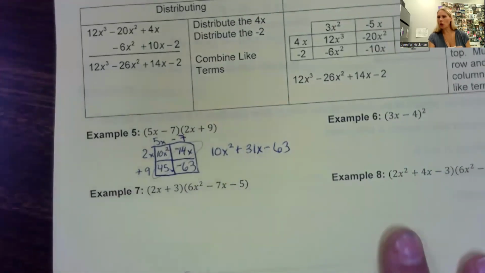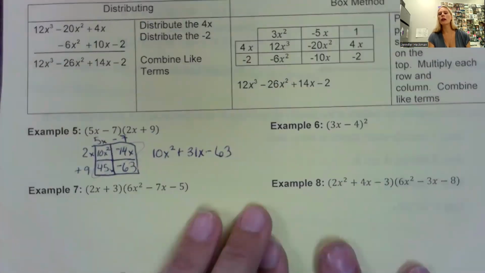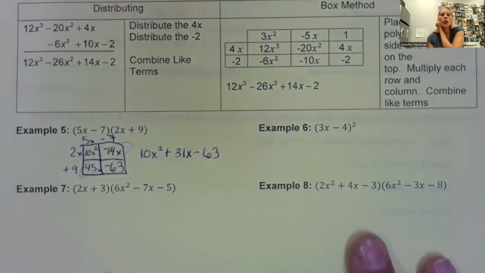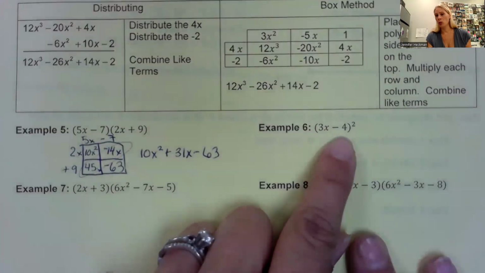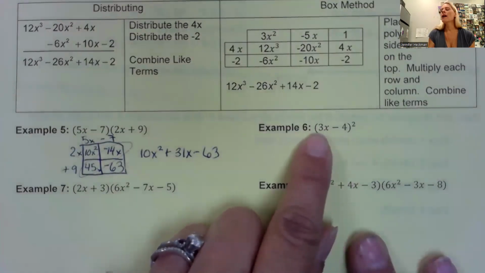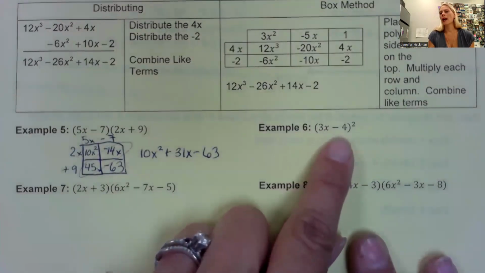Very logical process. Now in example 6, you need to watch out because the common mistake is saying, oh, we're squaring it. So why can't we just make both of these two terms squared? Why can't we just make this 9x squared and then negative 4 times negative 4 is a positive 16?